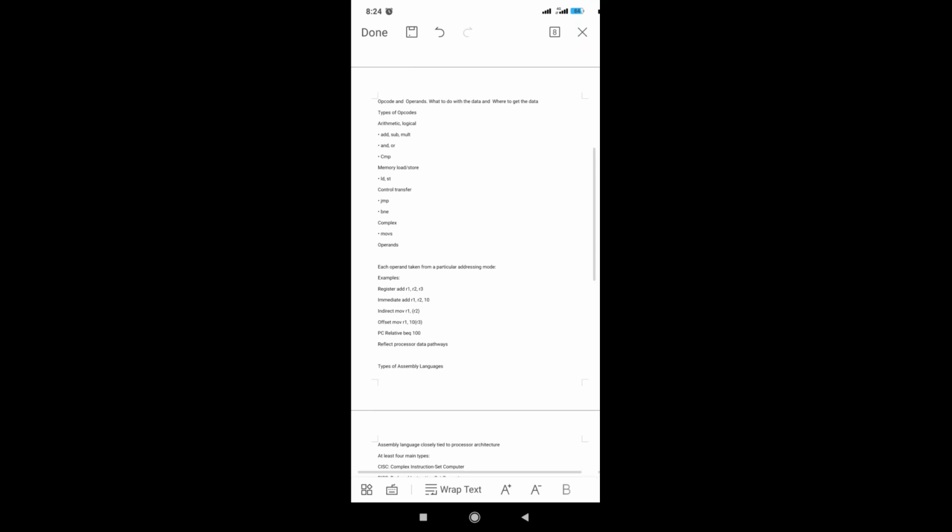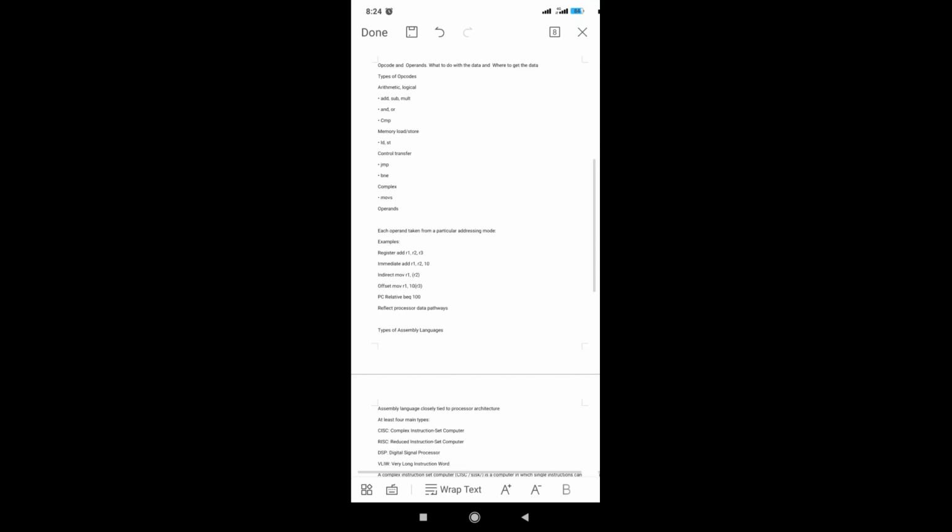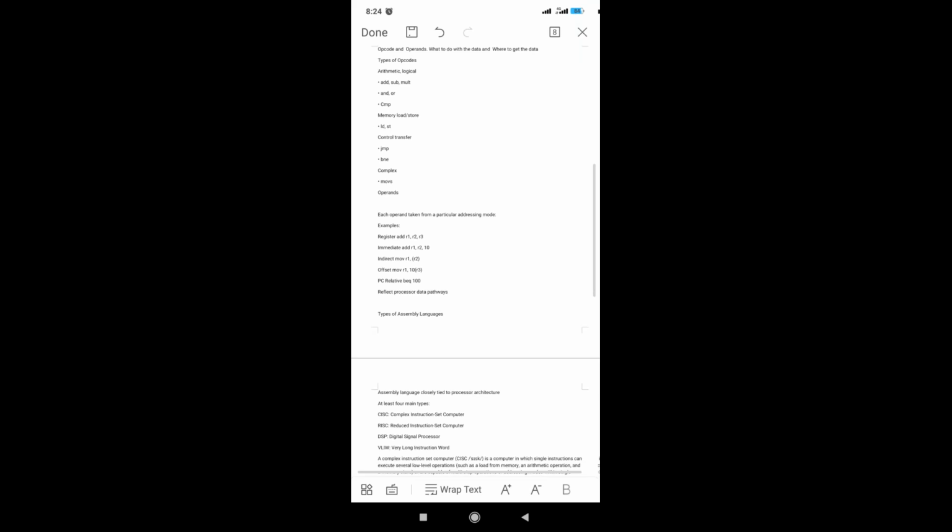Then we go to types of assembly languages.